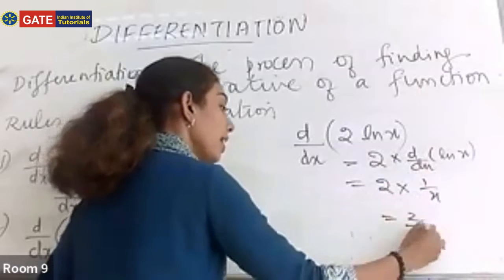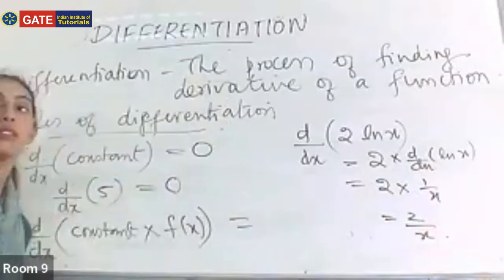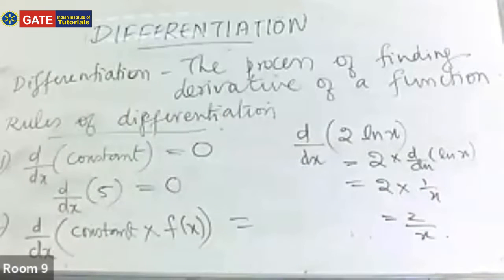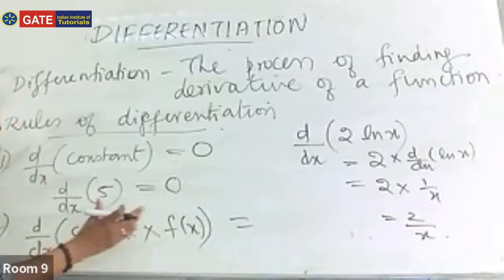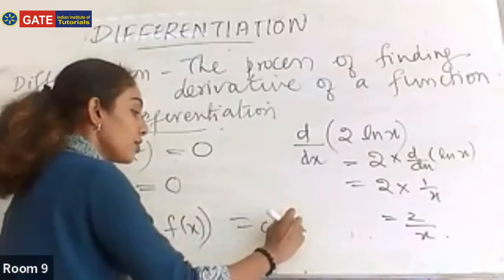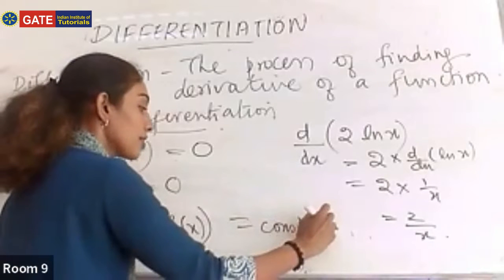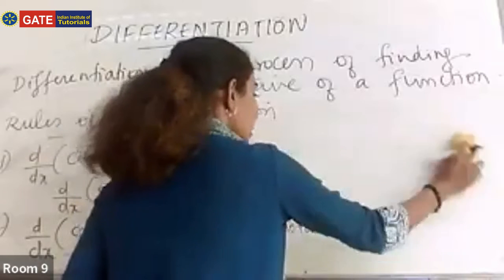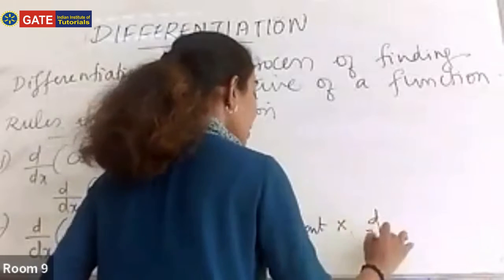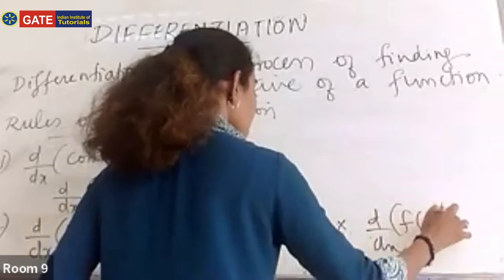That is 2 by x. Okay. So that will be the rule. So derivative of some constant times function of x, take the constant outside. So it will be constant times derivative of f of x.